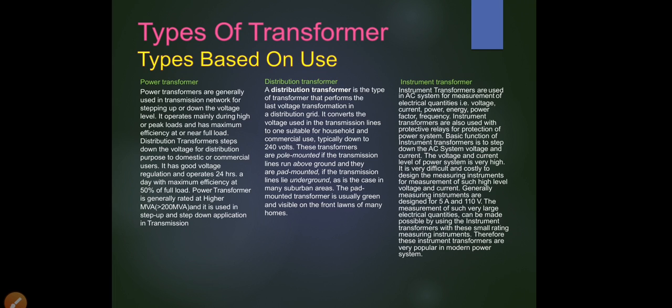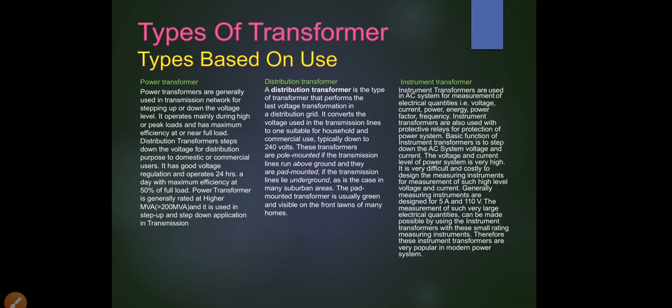And the instrument transformer. Instrument transformers are used in AC systems for measurement of electrical quantities: voltage, current, power, energy, power factor, and frequency. They are also used with protective relays for the protection of the power system.